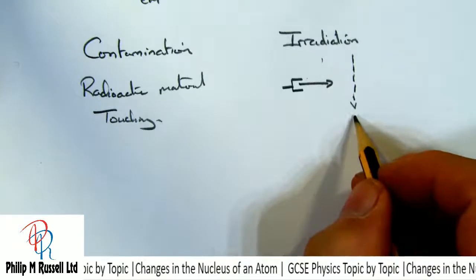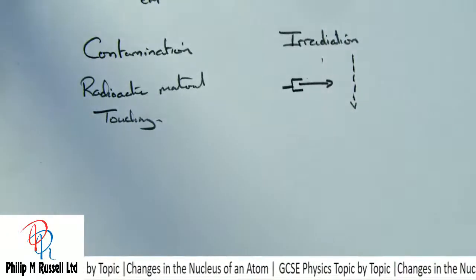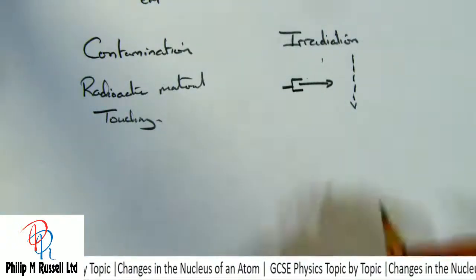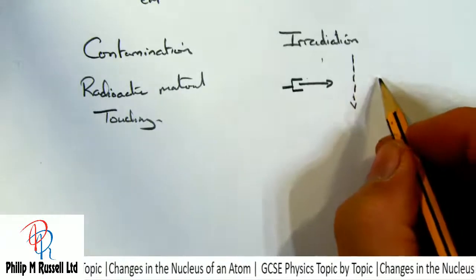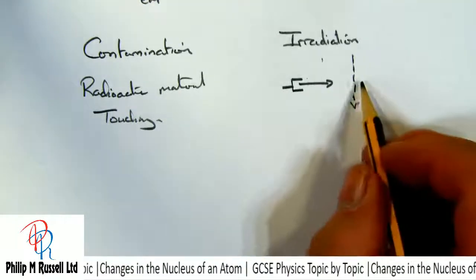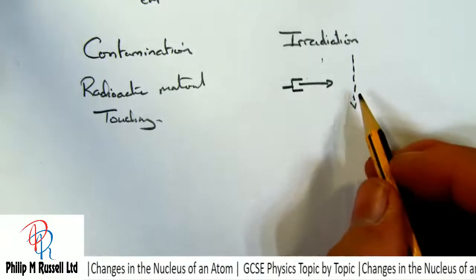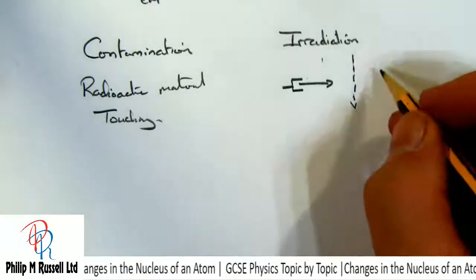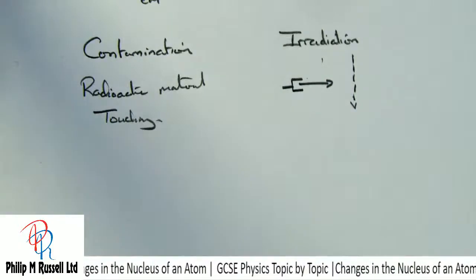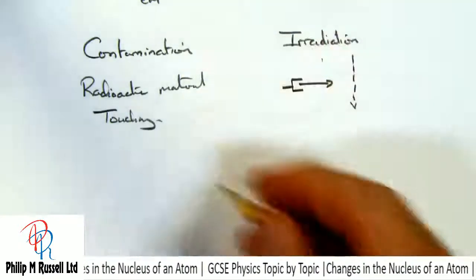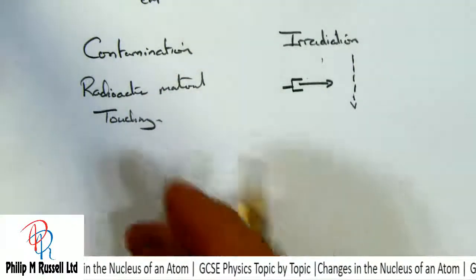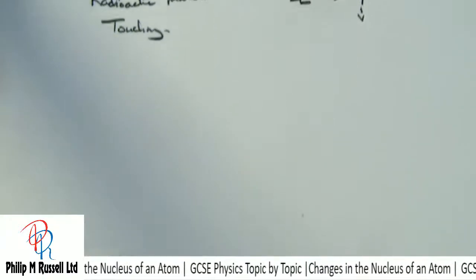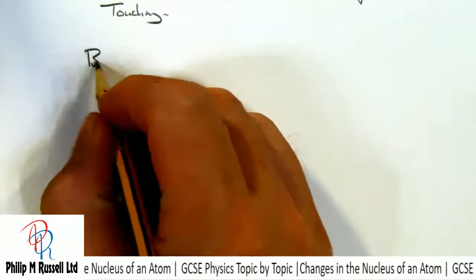Once you've passed through it, you're no longer susceptible to it, and we meet this basically all the time, and it's very hard to try and get around this problem of irradiation, because this is all about us, and that we call background radiation.